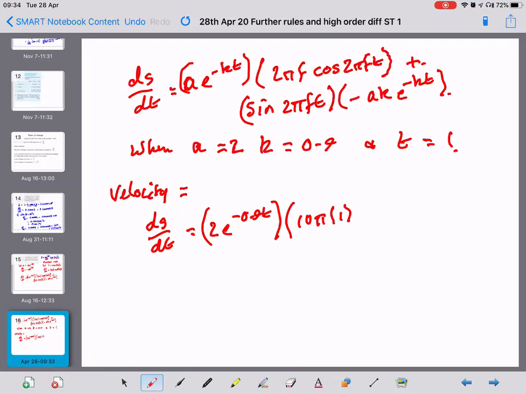Hang on, we need a 1 up there as well, don't we? So that's t is 1, so that's just 0.9 in there, minus 0.9 in there. If that's times 1, I'll just take it away.